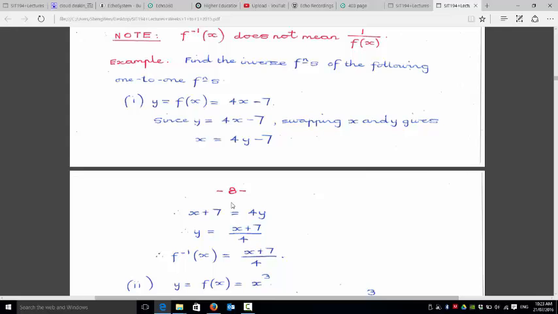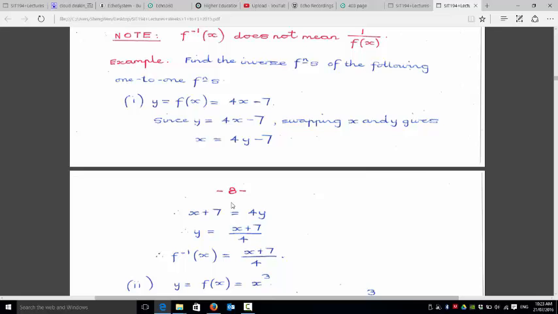Solving for y, we get y is equal to (x plus 7) over 4, and then the inverse function is (x plus 7) over 4.